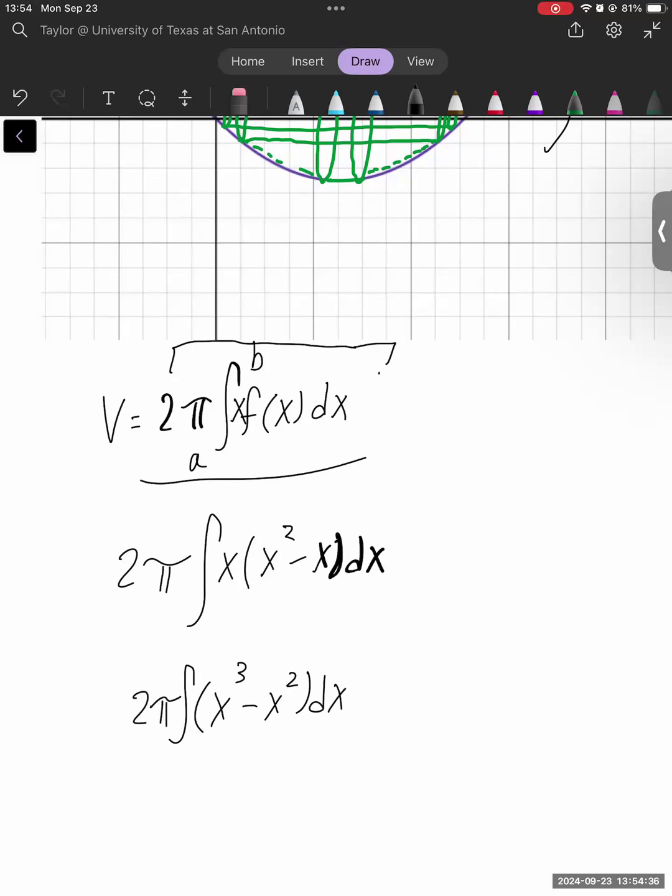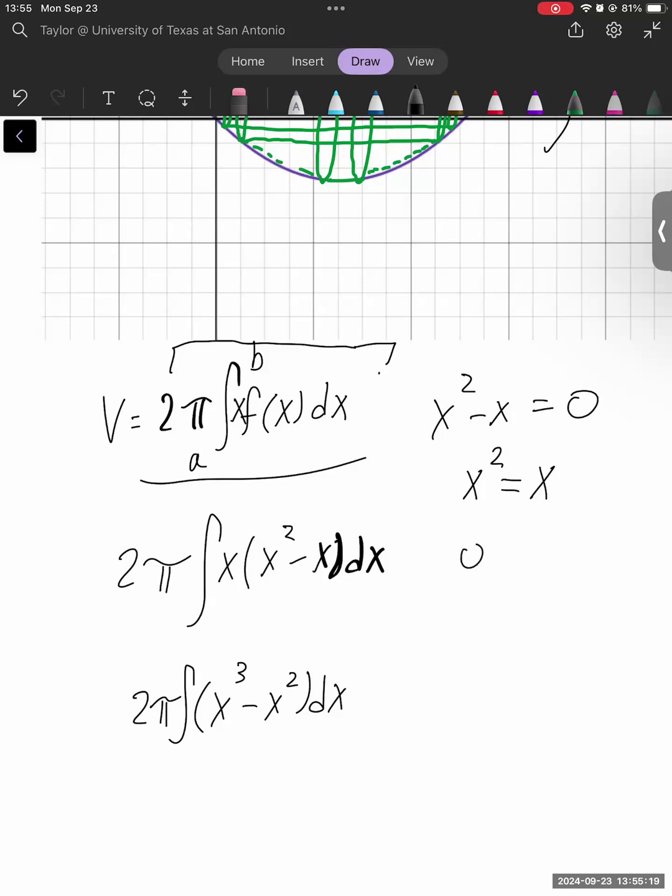And then what would our bounds of integration be if I set x squared minus x equal to 0? What would I get? Zero and 1.